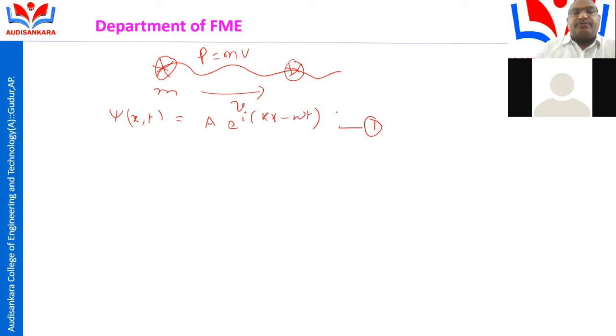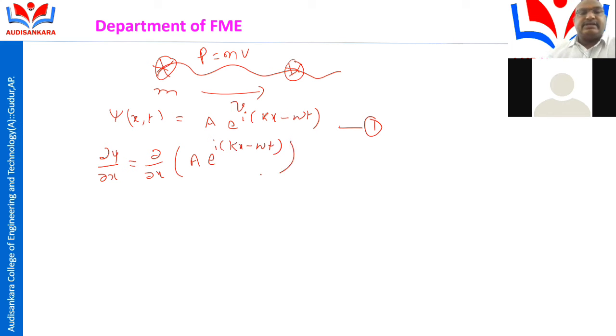In the above equation 1, differentiate with respect to x. Dou psi by dou x is equal to dou by dou x of A e power i(kx minus omega t).